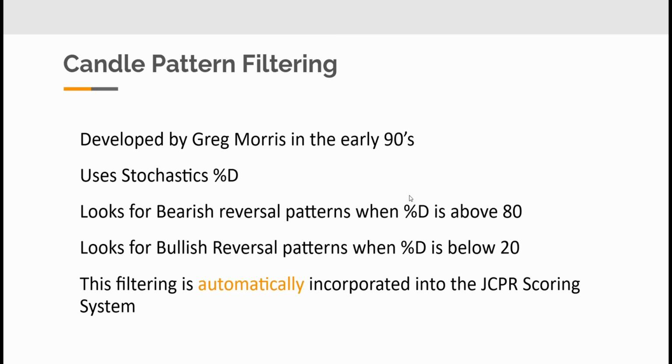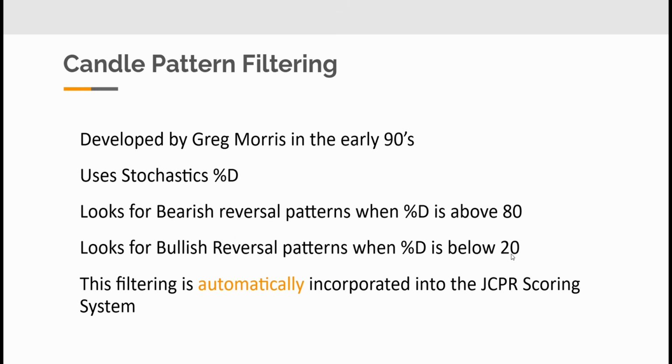Next, he will also filter. The way that he filters and finds opportunities is he looks at the stochastic percent D, and when you have a bearish reversal pattern, you want the percent D to be above 80. If you're looking at a bullish one, you want it to be below 20.